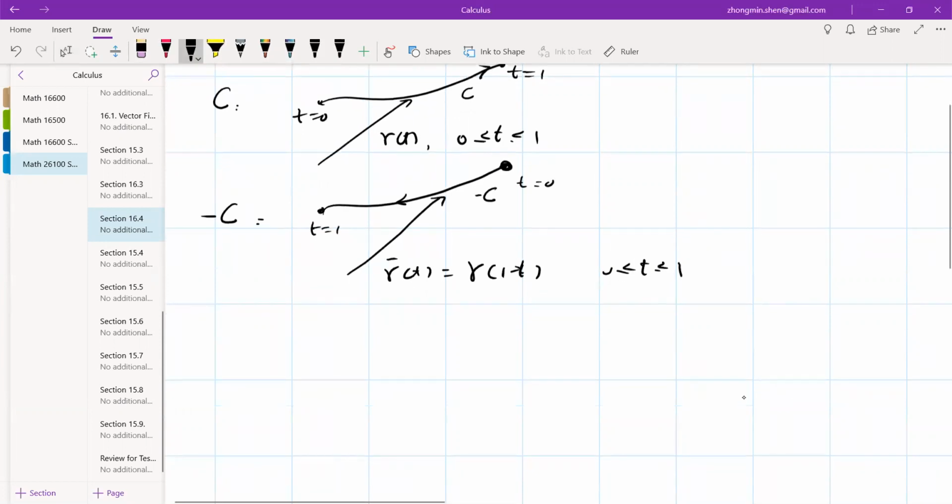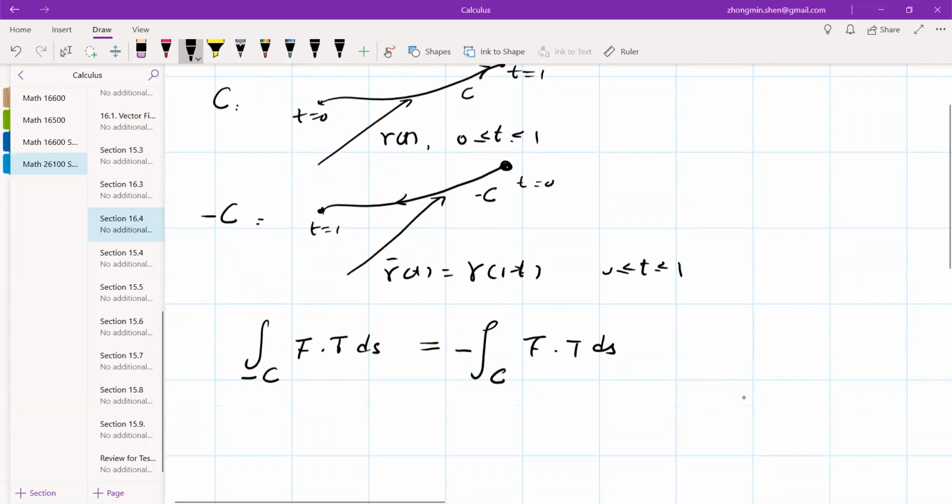So we have the following important fact for a line integral: the integral of F dot T ds. If we reverse the orientation, this will be negative of the integral over C of F dot T ds.